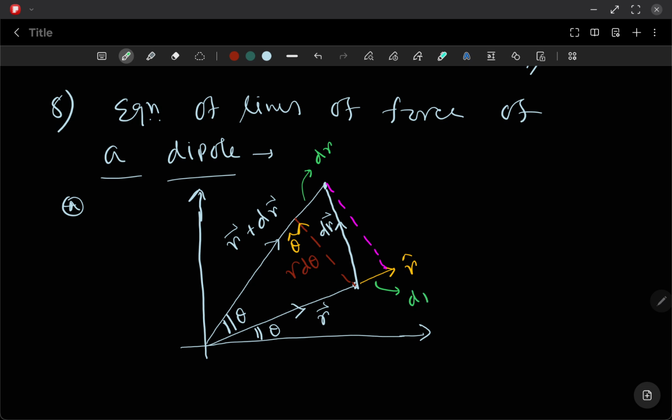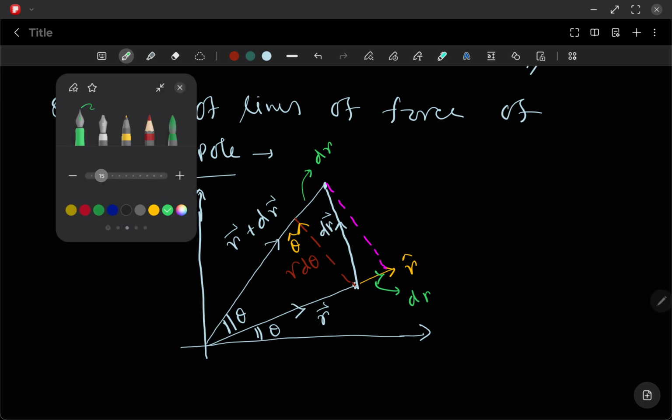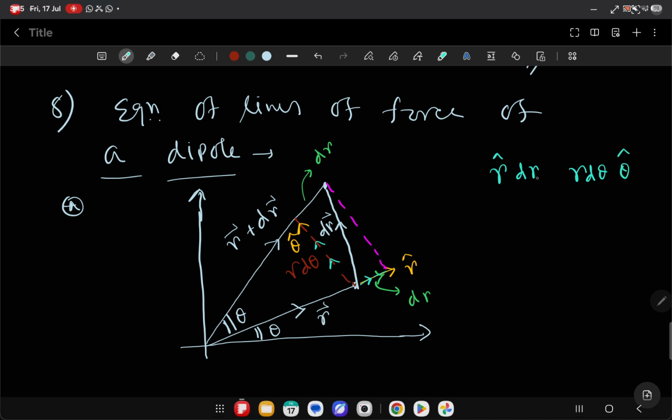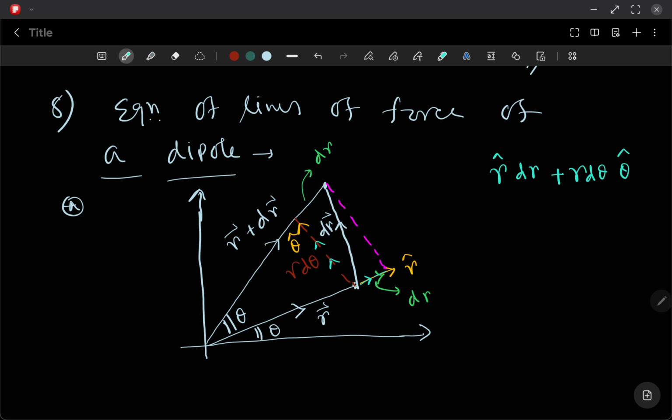This vector can be written as r hat dr, and this vector has magnitude r d theta and direction theta hat, so r d theta theta hat. The resultant of these two vectors is dr, from this parallelogram we have discussed.